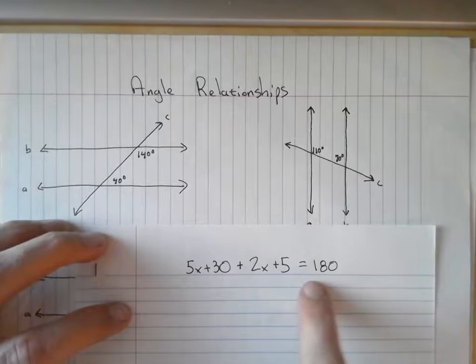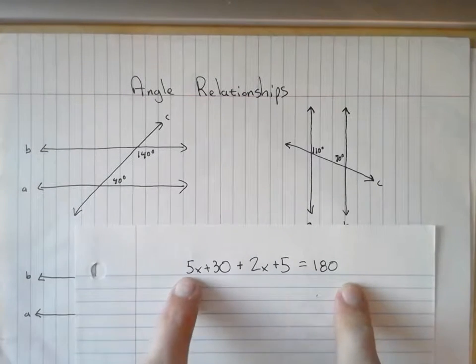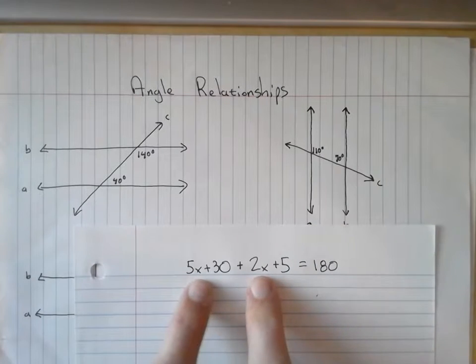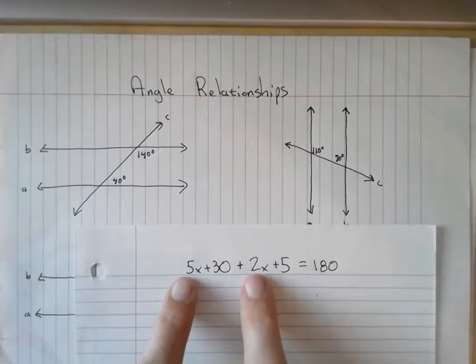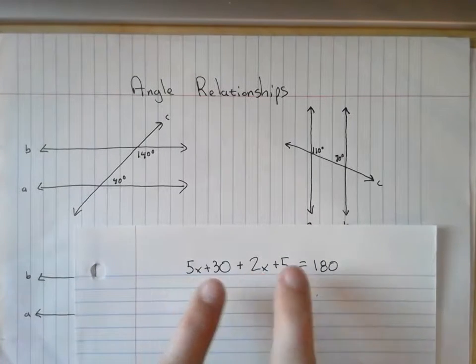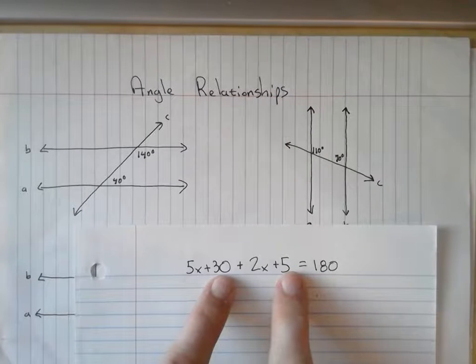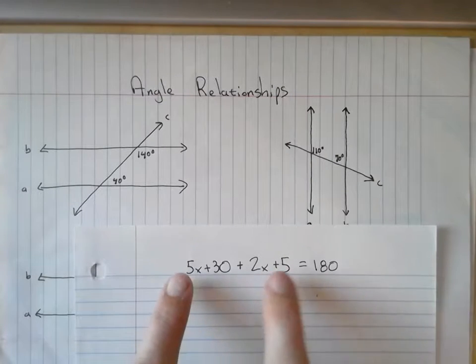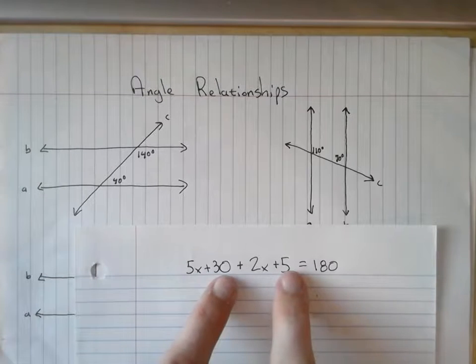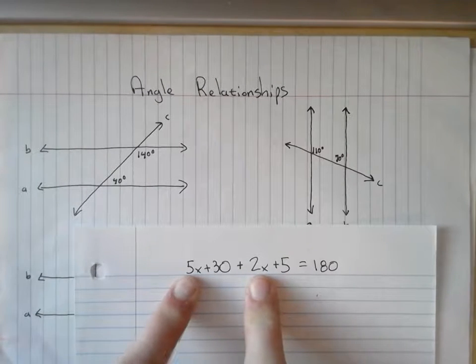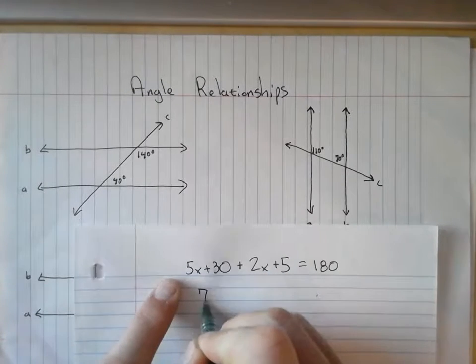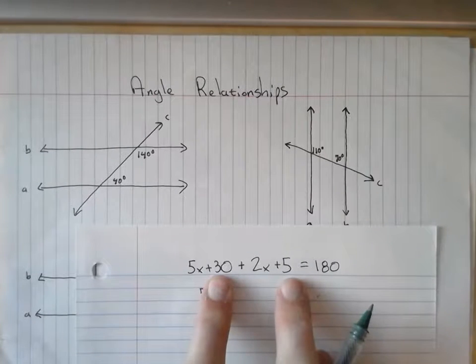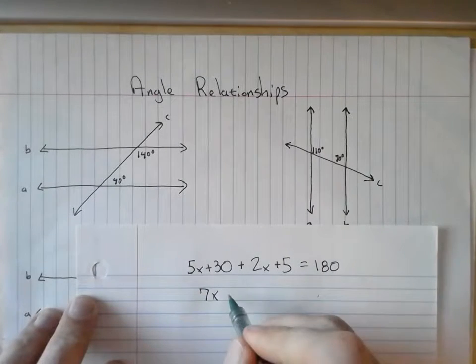But now think back to the warm-ups and everything I've said about variable terms and constant terms. Variable terms can be added together, constant terms can be added together, but variable terms and constant terms must be kept separate. So 5x plus 2x is 7x. 30 plus 5 is 35.